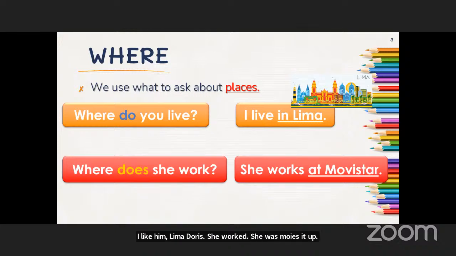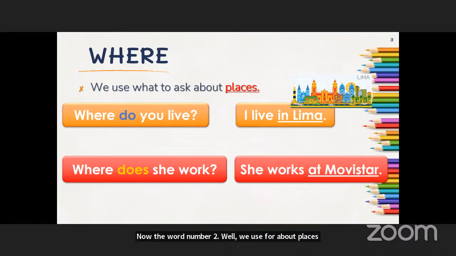Well, we have the second word, the word where. This is also a WH question. Remember, we put this word at the beginning of a question in order to get information. And the word number 2, where, we use for places.